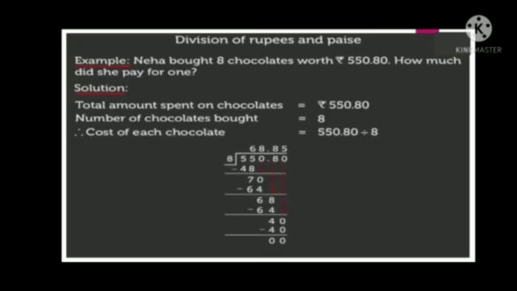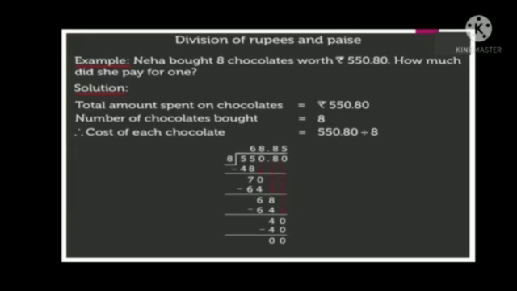Then again we'll bring down the next digit 8, so it will become 68. Again we have to count the table of 8, so you will find out 8 8s are 64, which is less than 68, and it can be subtracted. So after subtraction we'll get 4. Then again we have to bring down the next number, which is 0, so it will become 40.